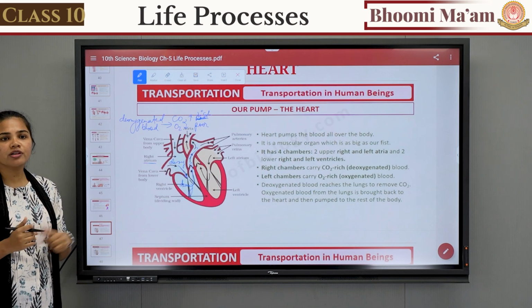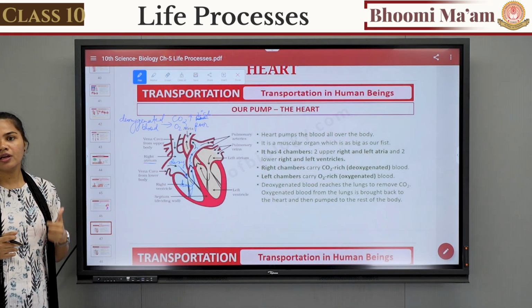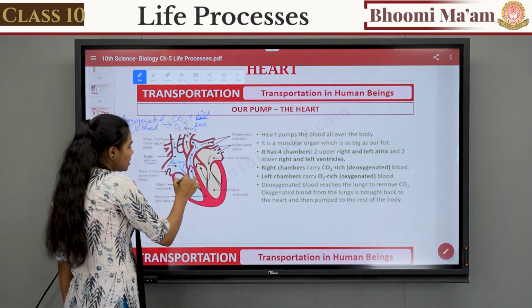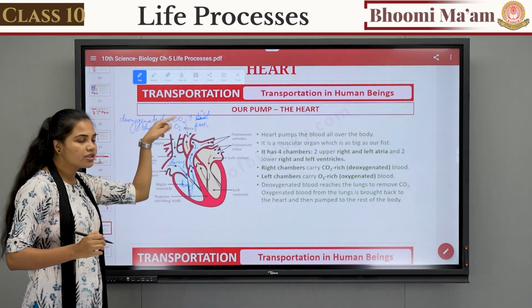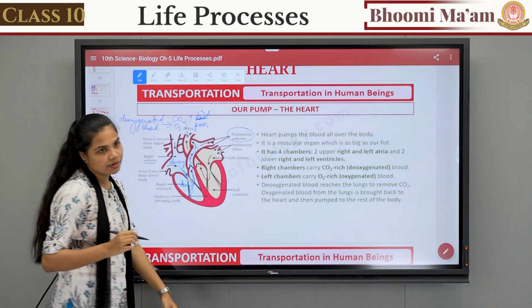What is the role of the lungs over here? It will oxygenate the blood. But this deoxygenated blood from the right ventricle goes towards the lungs by which artery? Pulmonary artery.